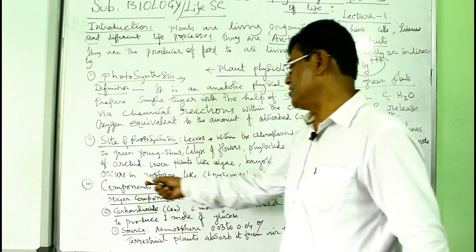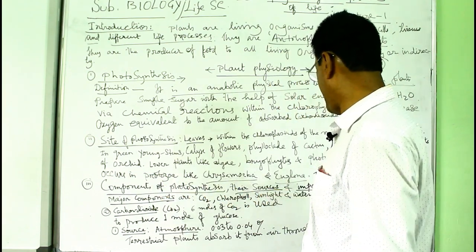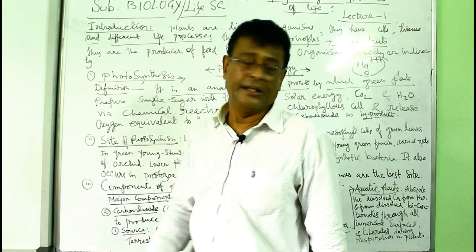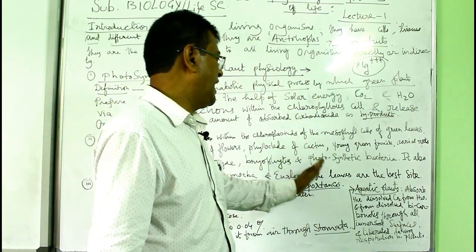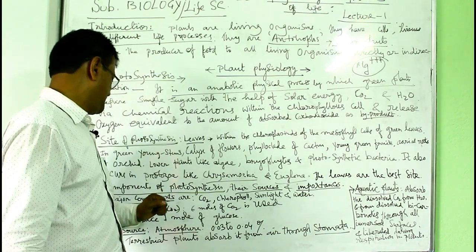It also occurs in protozoa like Chrysomonads and Euglena. The leaves actually are the best site for photosynthesis.